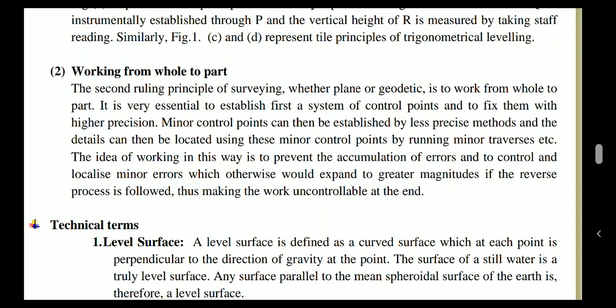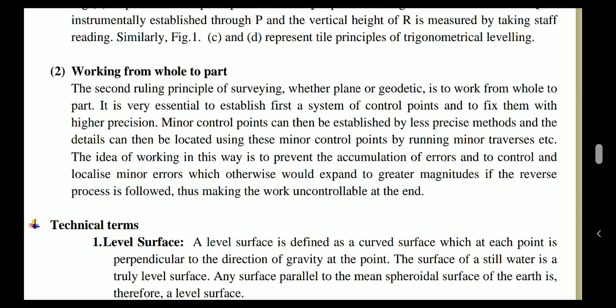Why is it not written as working from part to whole? There is a ruling principle, the second ruling principle of surveying, whether it is plane or geodetic surveying, to work from whole to part. It is very essential to first establish a system of major control points and to fix them with higher precision.